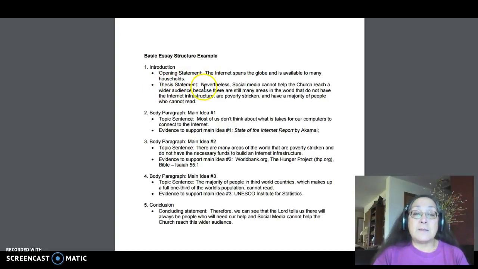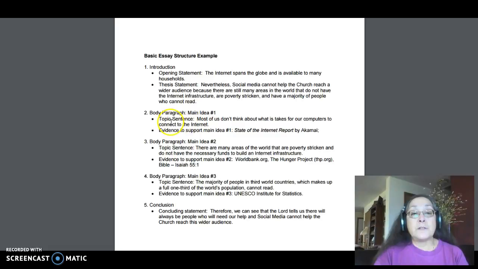But the thesis statement says, nevertheless, social media cannot help the church reach a wider audience because there are still many areas in the world that do not have the internet infrastructure, are poverty-stricken, and have a majority of the people who cannot read. So that thesis statement tells me as a reader that there's not enough internet across the world, that there's poverty across the world that prevents people from getting to the internet, and that there's still literacy issues with people across the world.